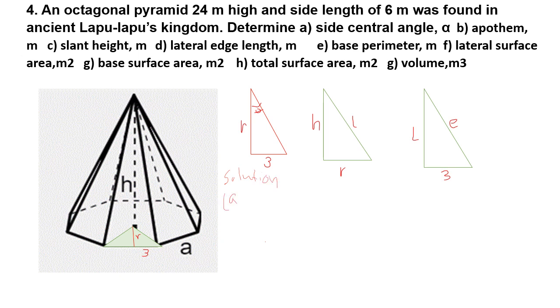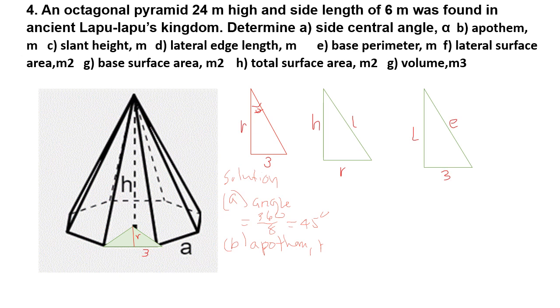Letter A, central angle. So the angle equals 360 over 8, which is 45 degrees. For letter B, apothem.